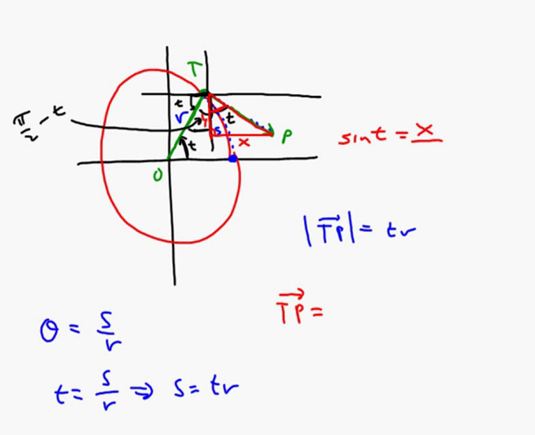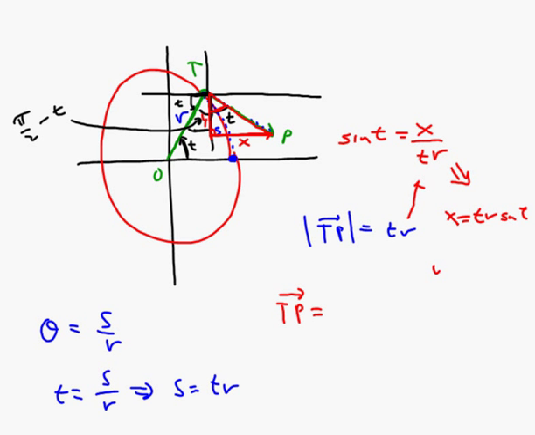The hypotenuse's length, as we discussed earlier, was tr. So that implies that x equals t times r times the sine of t. We should also make a note here, this is moving in the positive x direction. This vector generally moves to the right, so it makes sense that that component would be positive.